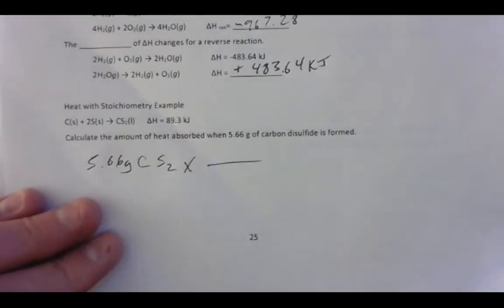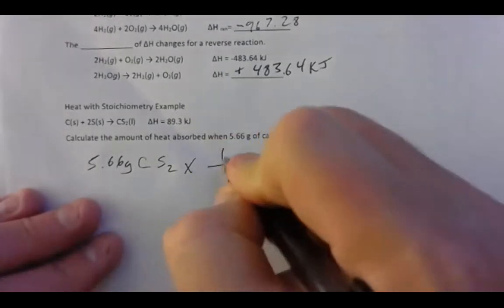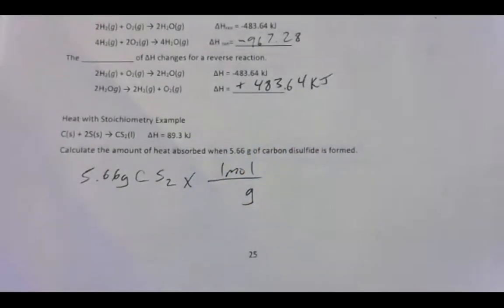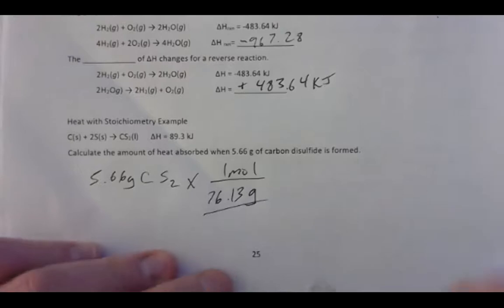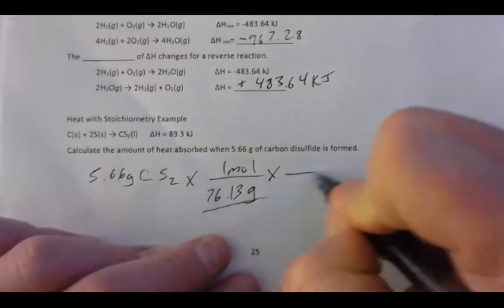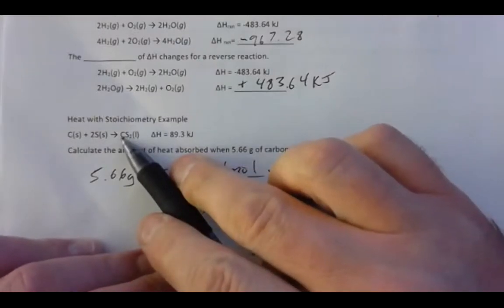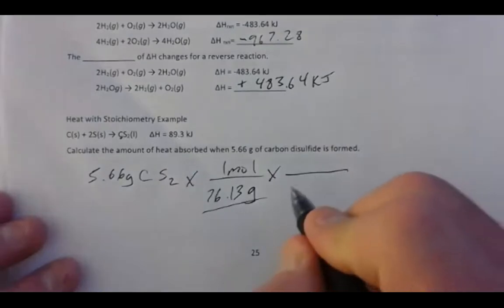Turn it into moles, right? So all of that math that I've taught you in the past is what you need. We take a look, 12.01 plus 32.06 times 2. It's 76.13. 76.13 grams from the periodic table of elements is 1 mole. And every 1 mole formed requires 89.3 kilojoules of energy.